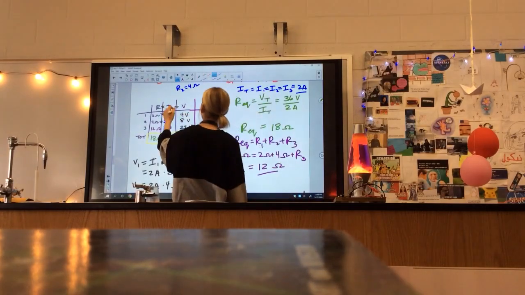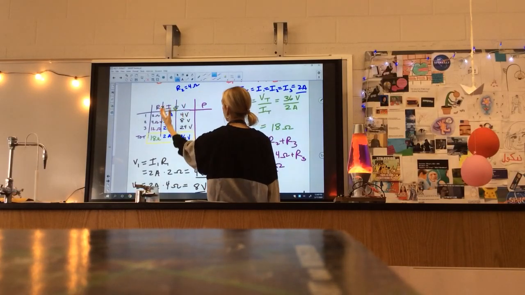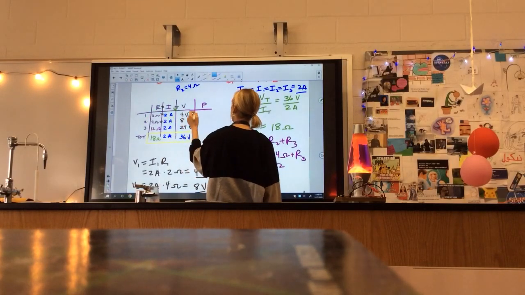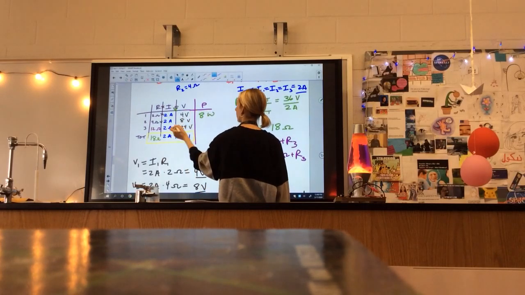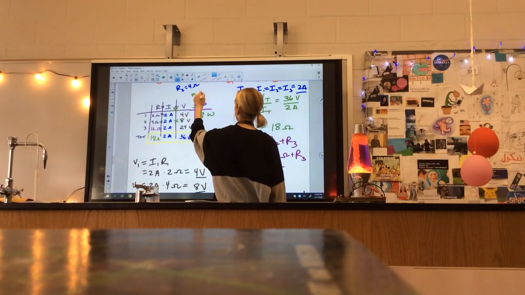So now I can just go across, and the power dissipated to resistor 1 is going to be 2 amps times 4 volts, which is 8 watts. We'll multiply across here, right, because P equals IV. So reminder, P equals IV.